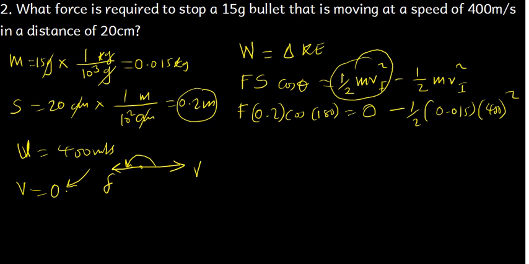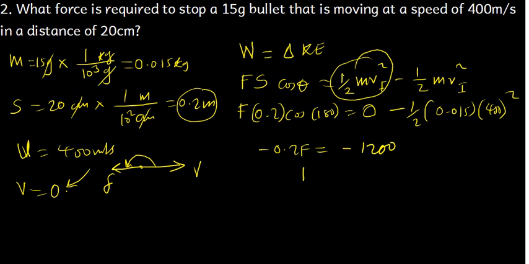Cos 180 is negative 1, and negative 1 by 0.2 times F will be negative 0.2F, and that should be equal to, if we punch on our calculator, negative 0.5, which is the half there, multiplied by 0.015 multiplied by 400 squared, supposed to get negative 1200.